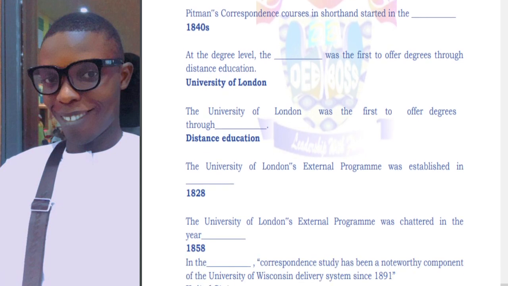Now, at degree level, the University of London was the first to offer a degree through distance education. So, the University of London. Remember, I told you, let me just use words because I'm talking about the past now, history.